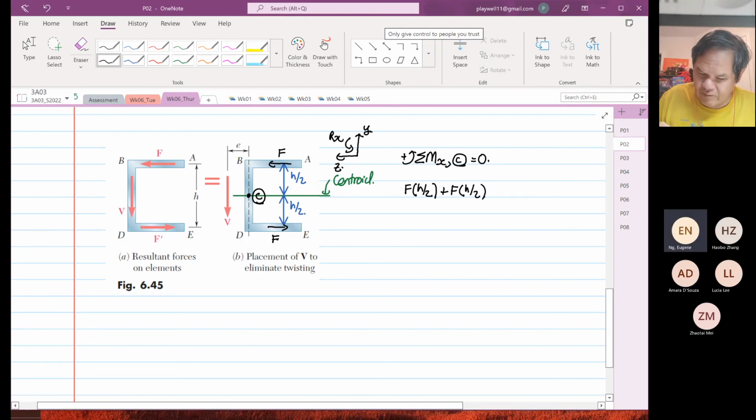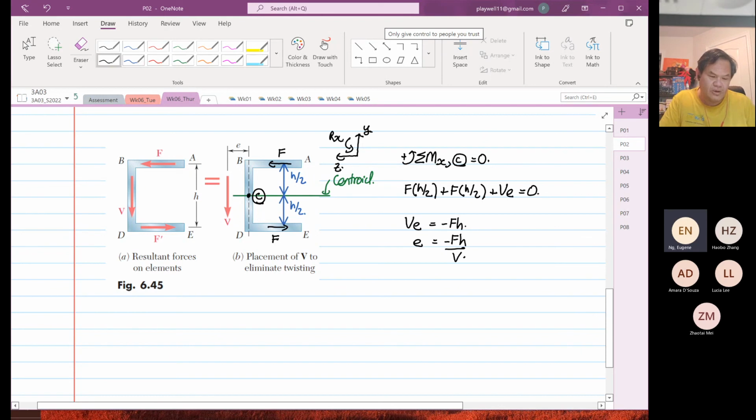And then plus V multiplied by E. The whole thing will be equal to 0. So VE is equal to minus FH, so E is equal to minus FH over V.